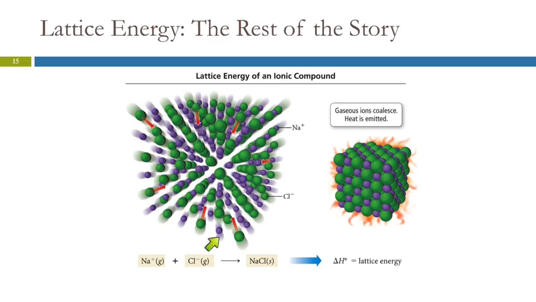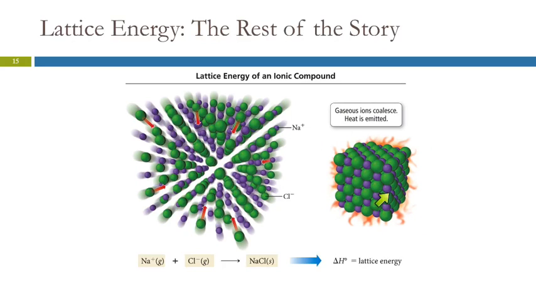Now let's try to make sense of this crazy picture. This is an artist's illustration of what happens when you've got chloride ions and sodium ions that were in a gas state and now they're coming together. I can't do it on the screen, but it's like they're shooting in towards each other. They're all attracted. Well, chloride ions are not attracted to other chloride ions, but they are attracted to sodium ions.